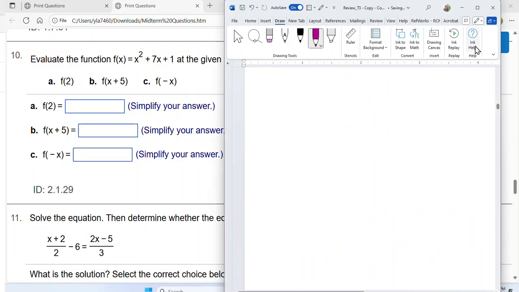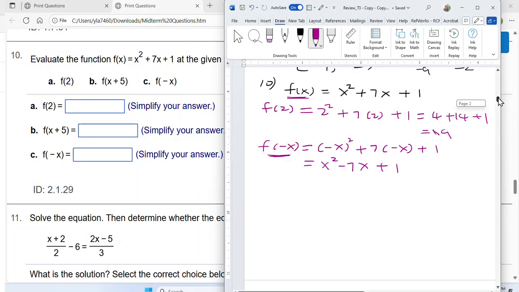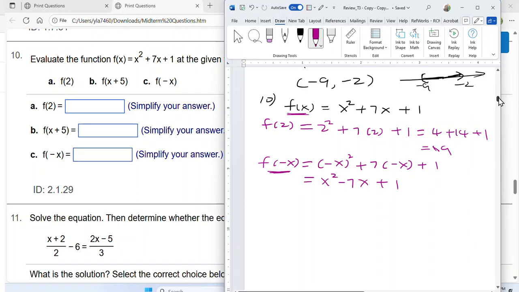How do I find the f of x plus 5? Same principle. Think of x plus 5 as a big star. If I have f of a star, what do I have? I just replace x by the star. So this one will be the star squared plus 7 times the star plus 1.